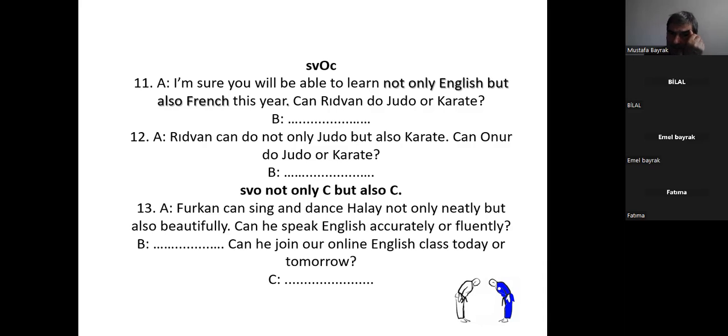Now, subject, verb, object, not only complement, but also complement. Furkan can sing and dance halay not only neatly, but also beautifully. Adverb of manner. How? How can Furkan sing and dance?